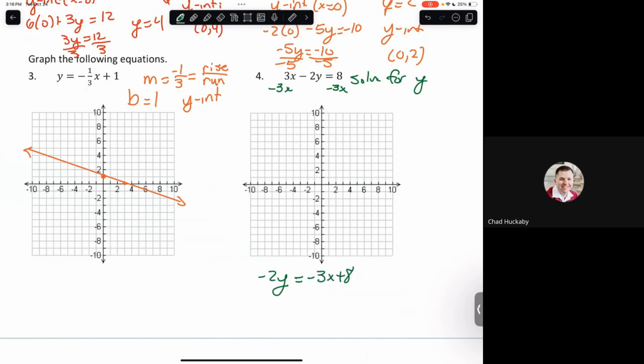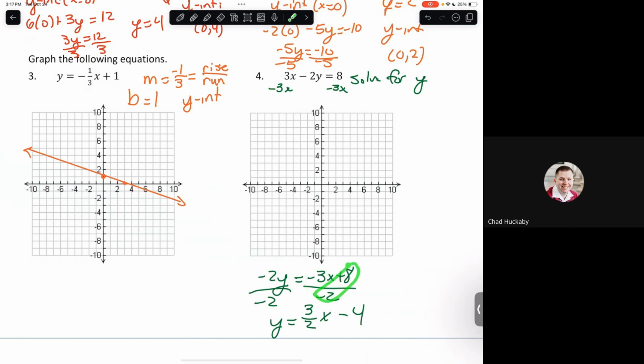plus 8. Then I can divide both sides by negative 2. And so what I get is y is equal to 3 over 2 x minus 4. Because we have negative 3 over negative 2, which is just positive 3 over 2.